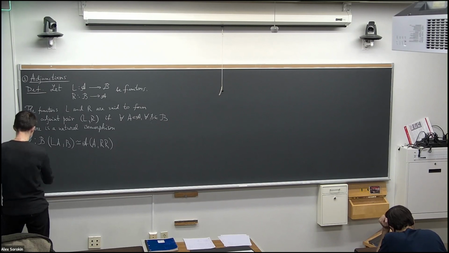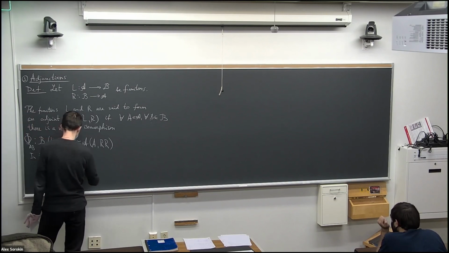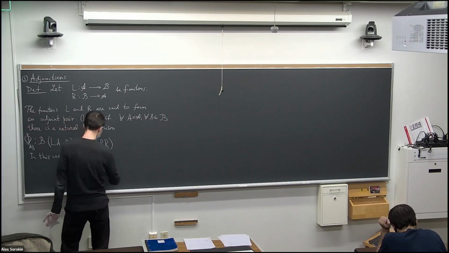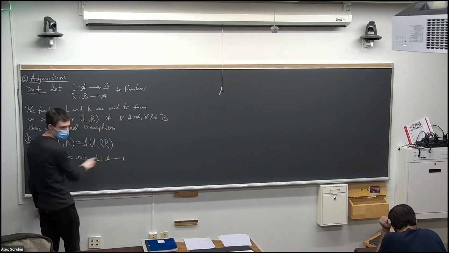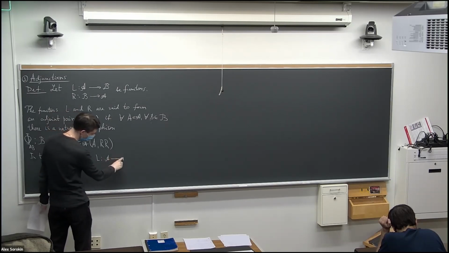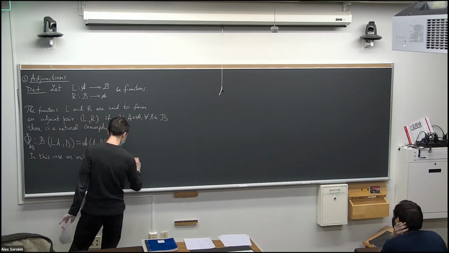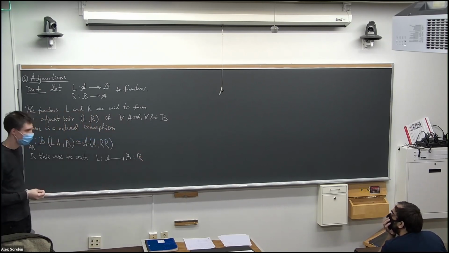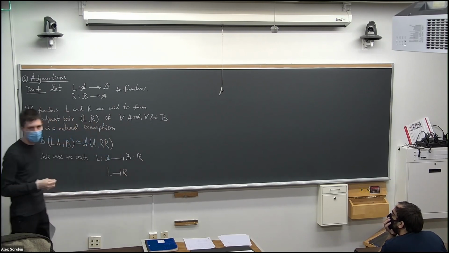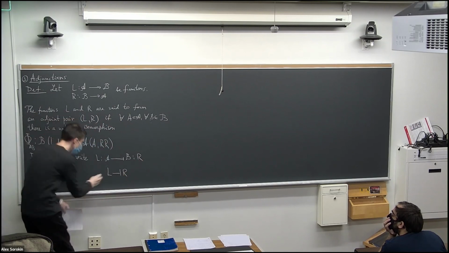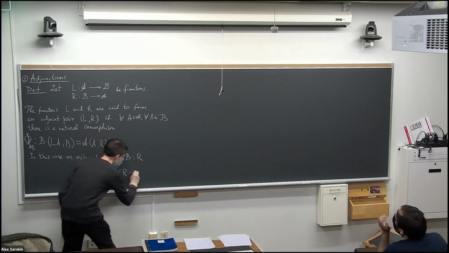In this case, we write L, A, then a special type of arrow, an arrow with a slight ending, B. So this formula, or just L to R, means that L is left adjoint and R is right adjoint.